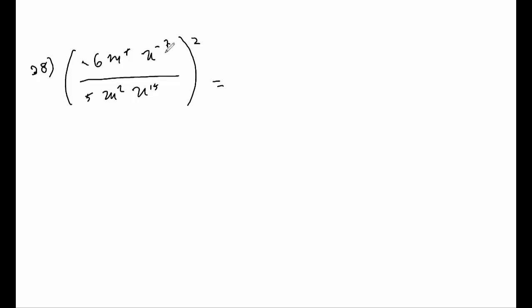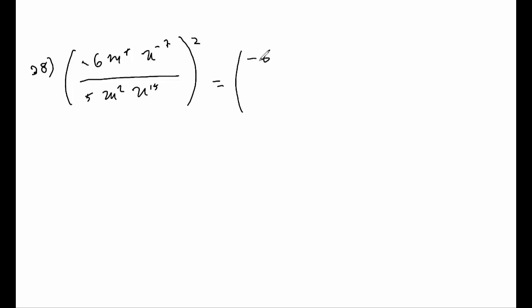So the only thing we have to do, based on our quotient rule, is to move our n to the negative 7 to the bottom and make that 1 over n to the positive 7, and then deal with our power outside the bracket.